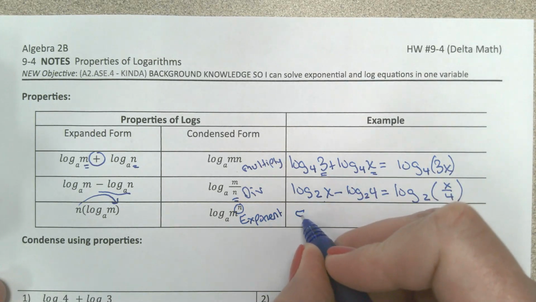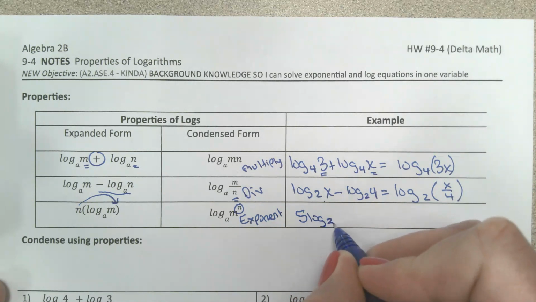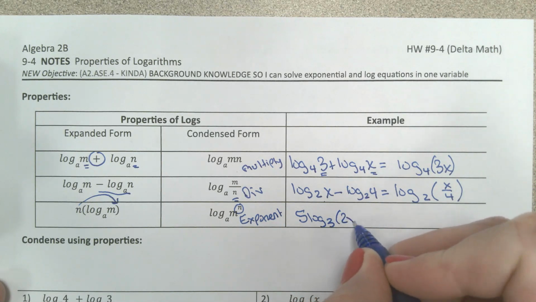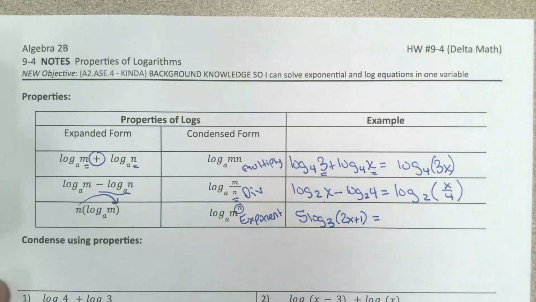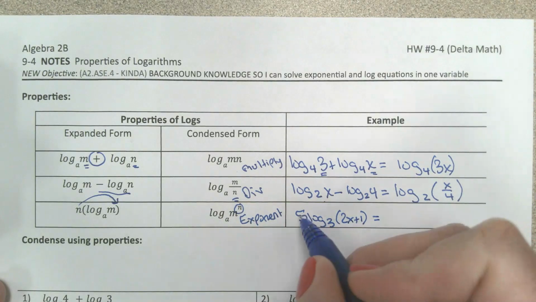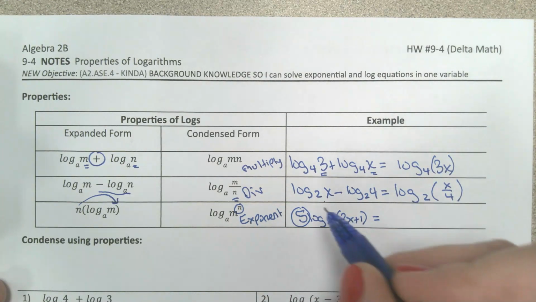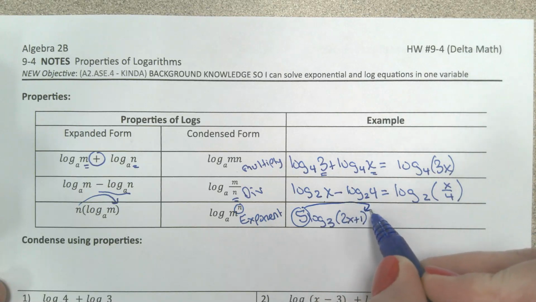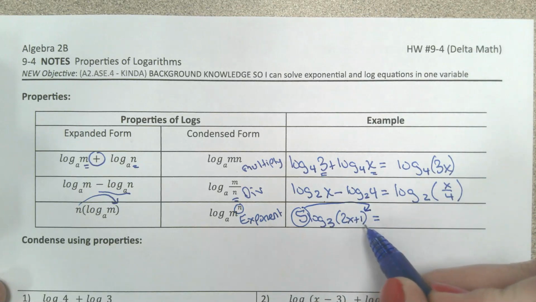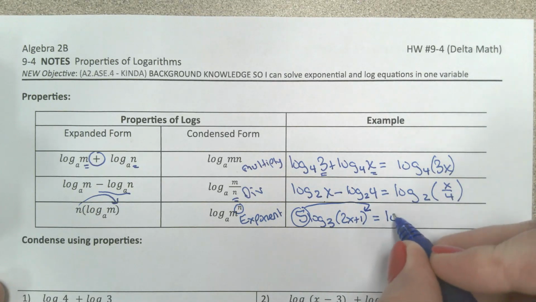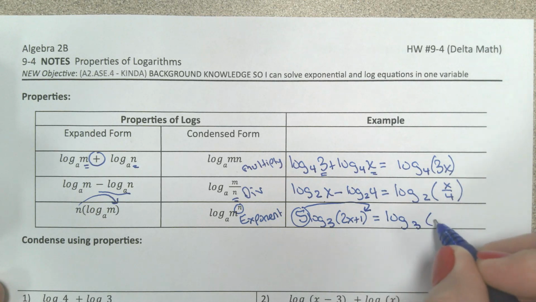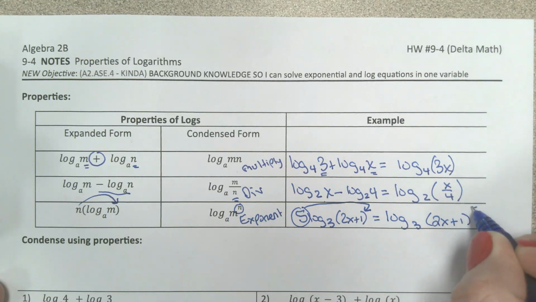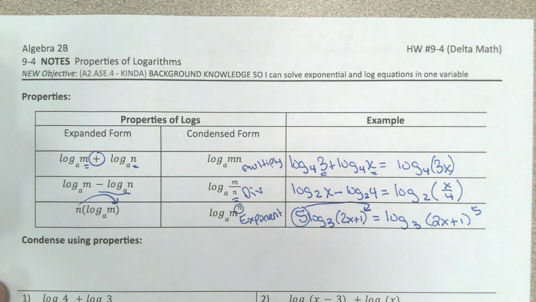So if you see something like 5 log base 3 of 2x plus 1, this 5 is multiplication, we're going to move it to the back of your 2x plus 1 parentheses. We're going to have log base 3 of (2x plus 1) to the 5th power.